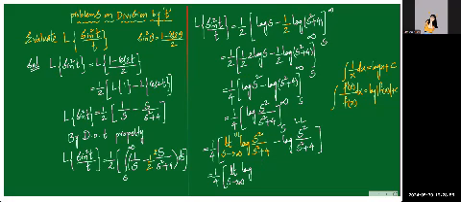S square divided by s square becomes 1, plus 4 by s square. Correct? Minus the lower limit, we are not going to change. So it must be as it is: log s square by s square plus 4. This bracket will be closed.